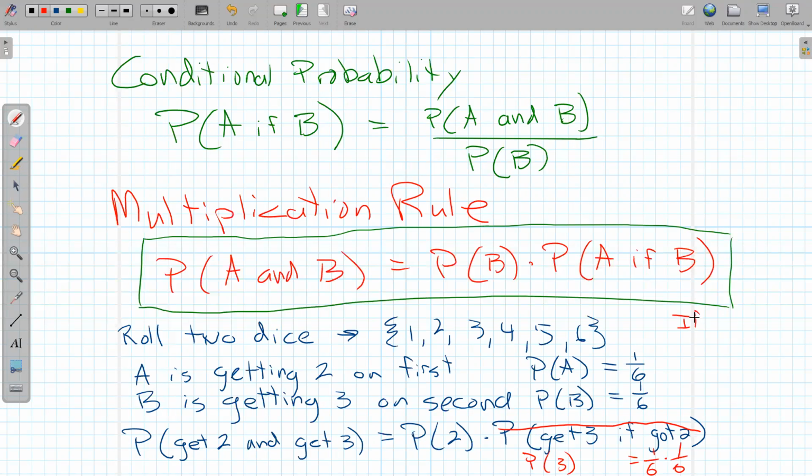So if the extra knowledge, right, that if statement there, doesn't change an outcome or probability, then the events are independent.